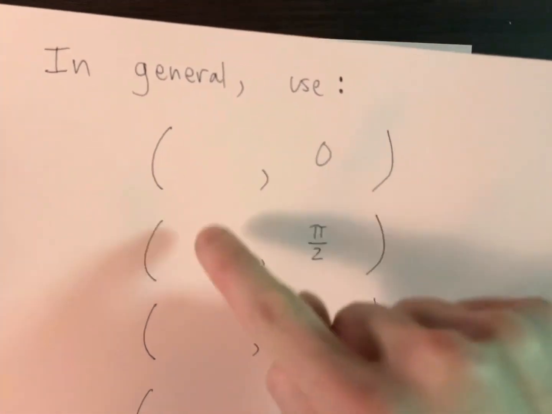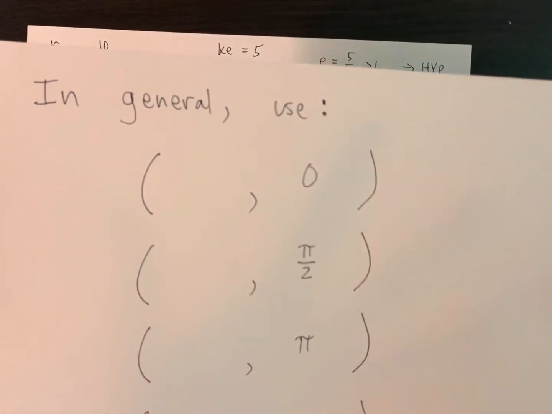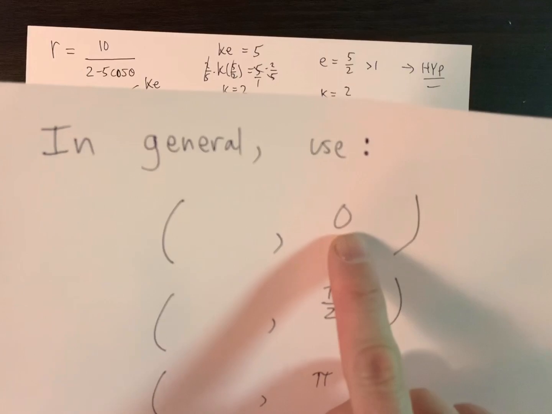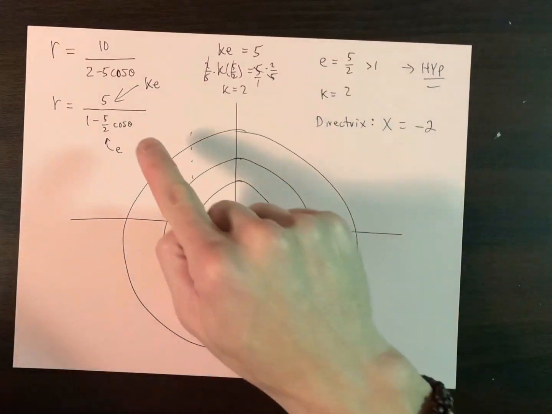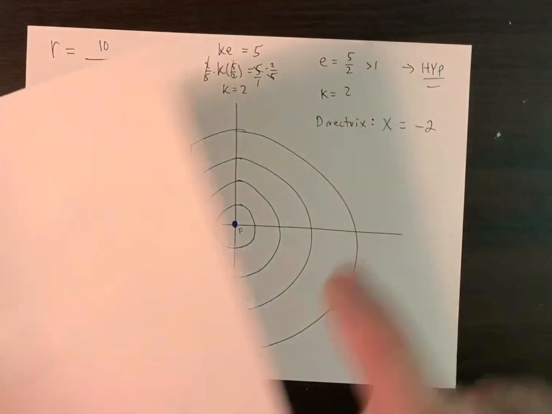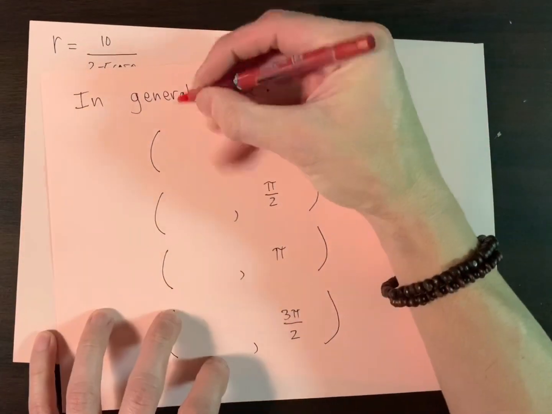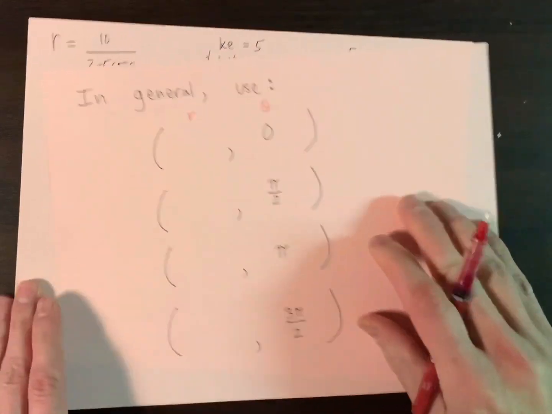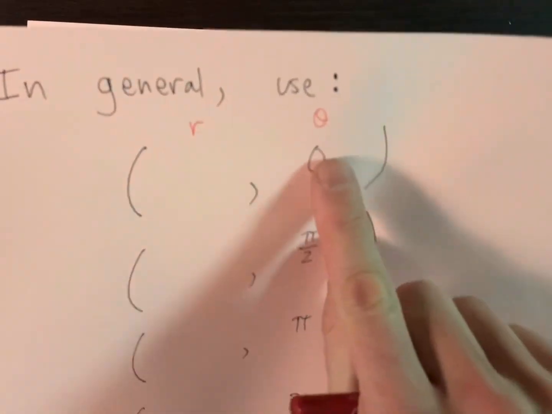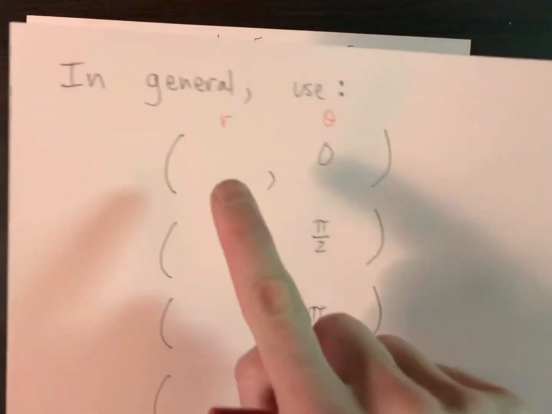So what points would I use? I have to find all the R's that correspond to these thetas. So for instance, take 0 and plug it in for theta in either equation because they're the same thing, but it's probably easier in the original. Remember, these are R's and these are thetas. Whatever that is, put it here.